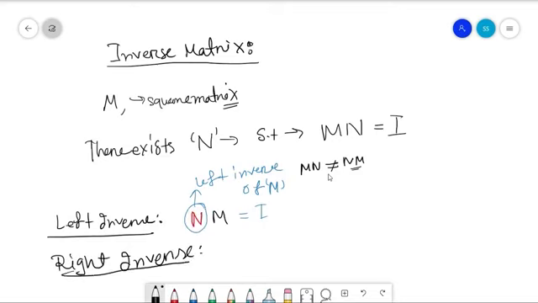Let's say the right inverse is now R, we denote it with R, and if you multiply R on the right side of M, you get the identity matrix. So this R is called the right inverse.